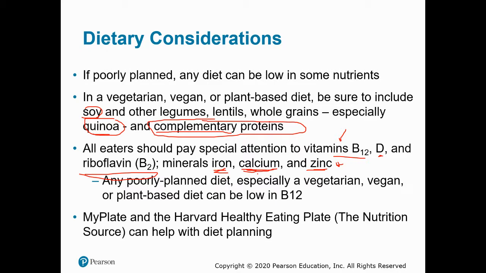So again, it's just a matter of eating enough, but good to stay educated and stay aware and make sure that you're not starting to slip in any of these nutrient levels. Again, the My Plate and the Harvard Healthy Eating Plate that we looked at in Unit 1 can be really, really helpful resources for planning a vegetarian, vegan, or whole food plant-based diet.